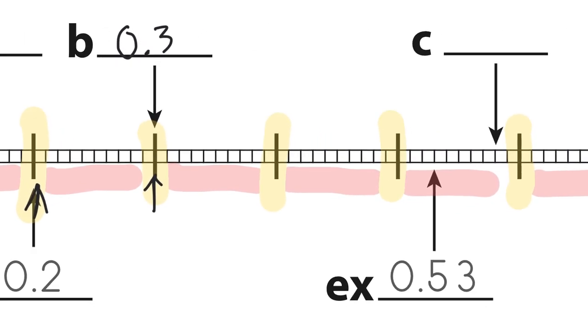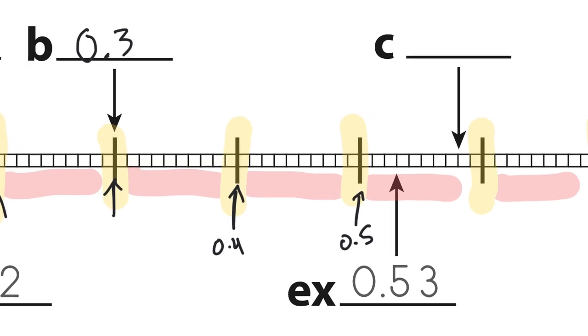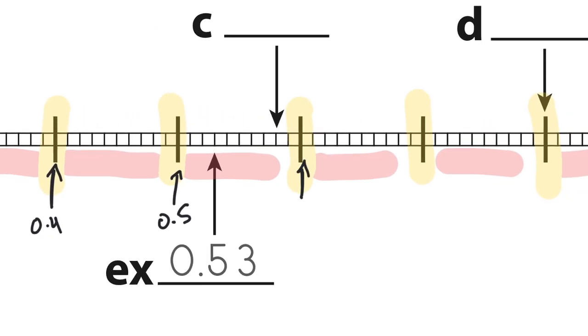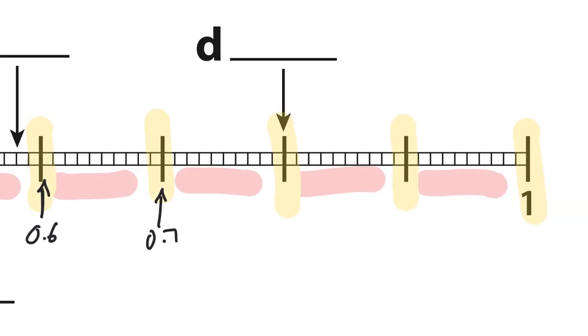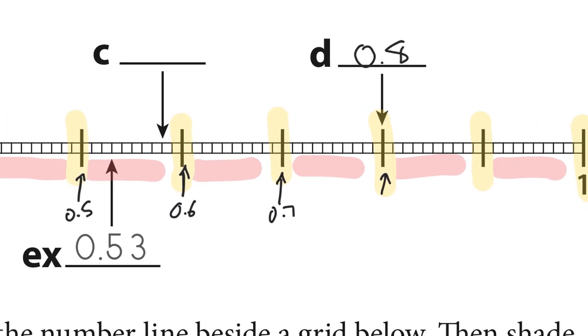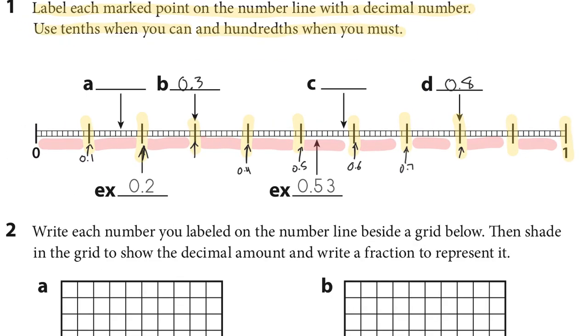Now, if I continue going, this one here would be 0.4. This would be 0.5. This big black mark would be 0.6. This is going to be 0.7, which means D is going to be what? 0.8. Okay? So that is how I figured it out.